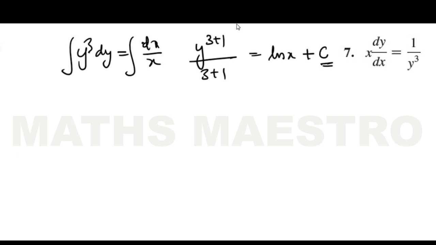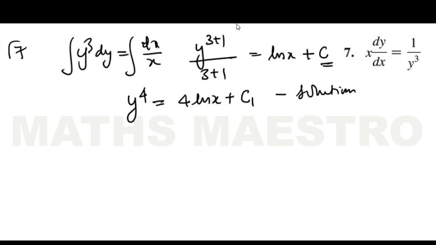I think we are already through, and we will get our equation as y to the power 4 equals 4 ln x plus 4c. So instead I'll pick up another constant called c1, and this is our equation. This is our solution for question number 7.